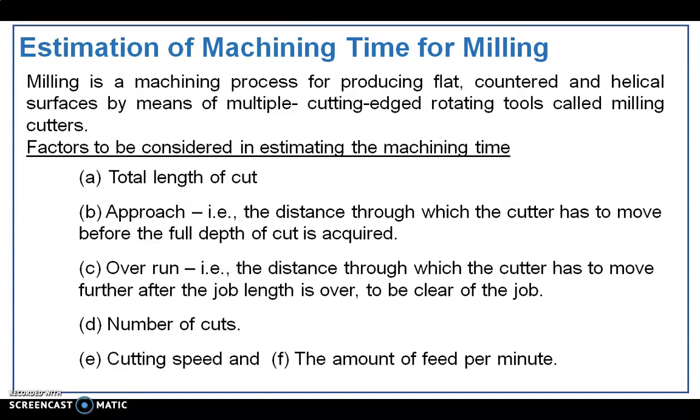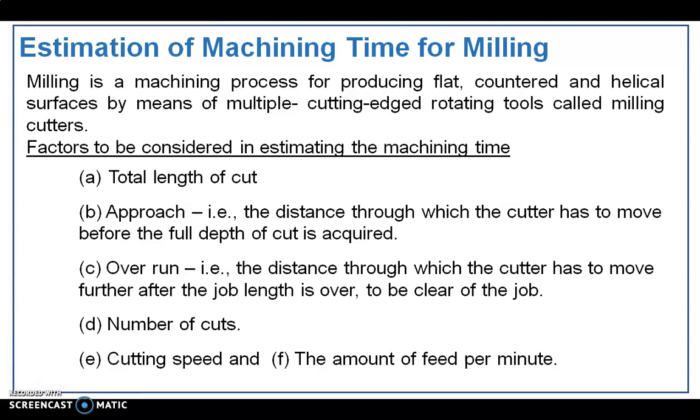This we have already studied, but here with respect to the milling process we are going to see what is approach and overrun. The next ones are number of cuts required, cutting speed, and finally the feed per minute. All these 6 parameters are very important as far as milling time is concerned.